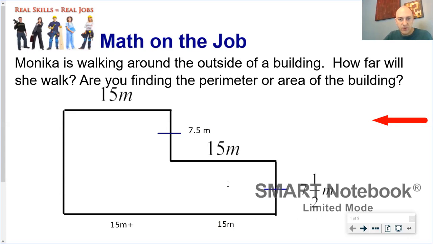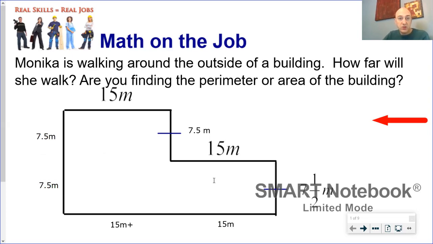And then over on this side, we're going to have this 7.5 and this 7.5 add together to give us another 15 meters on this side.